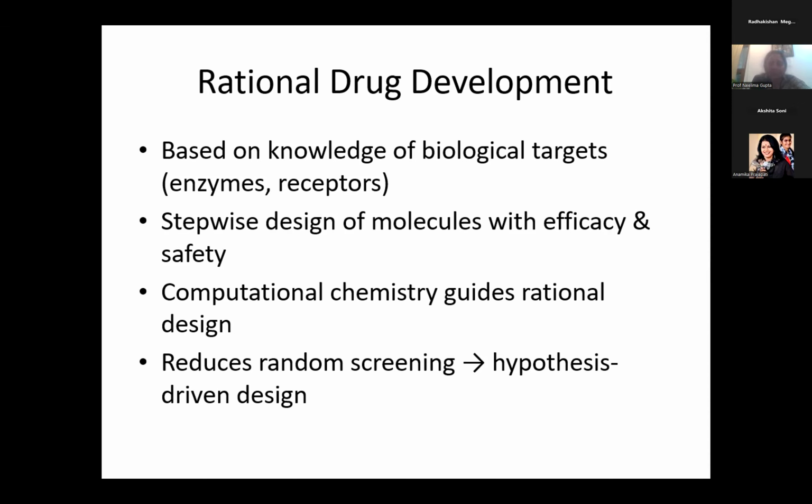Because normally the basic role of computational chemistry is in identifying the interaction between the drug candidate and the biomolecule, which reduces the random screening, and the computational chemistry and the other techniques, they make the drug discovery process a hypothesis-driven design process.